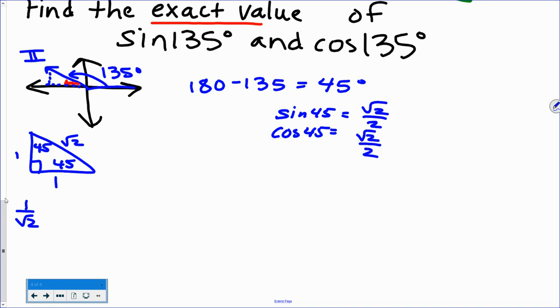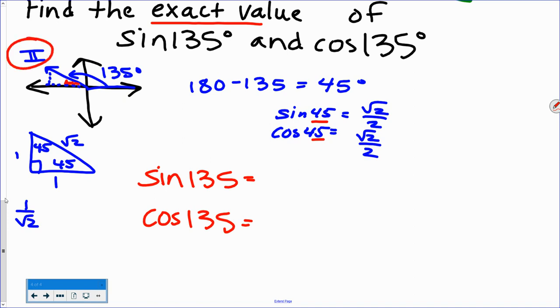Now, that's what it is for sine and cosine at 45 degrees, not necessarily what it is for sine at 135 and cosine at 135. 45 degrees, remember, is truly in the first quadrant, so everything is positive. 135 is in quadrant 2. So we talked about last week, whether sine or cosine or any of your trig functions, would they be positive or negative in a certain quadrant?